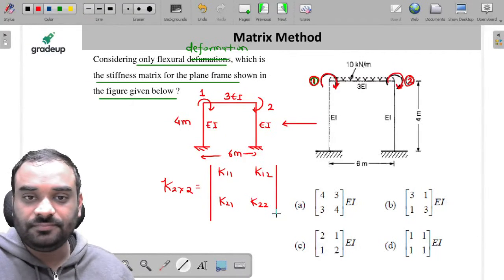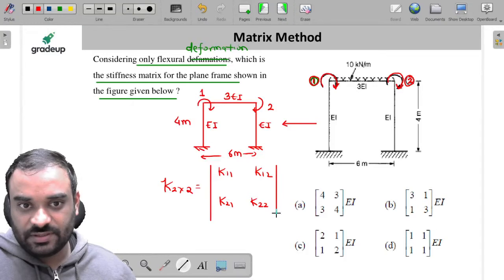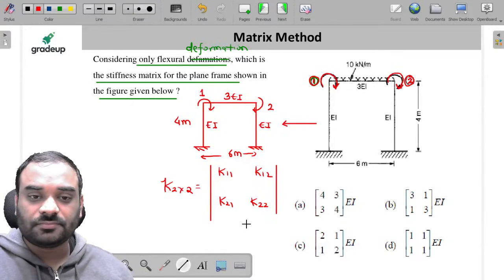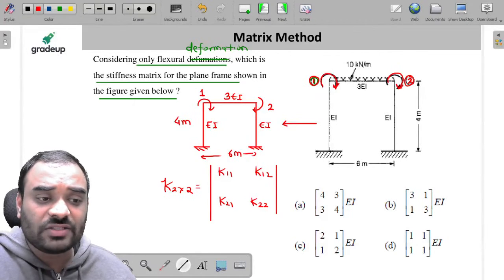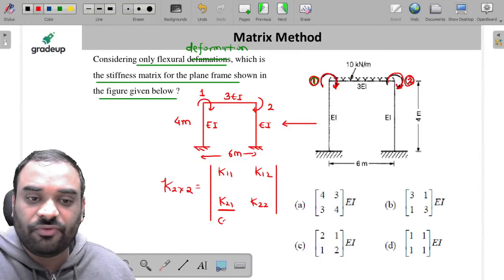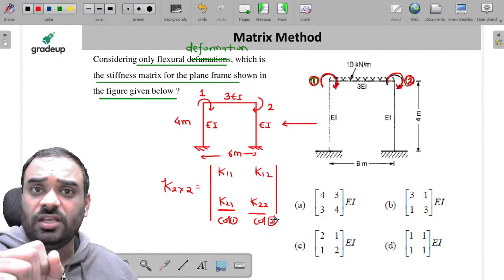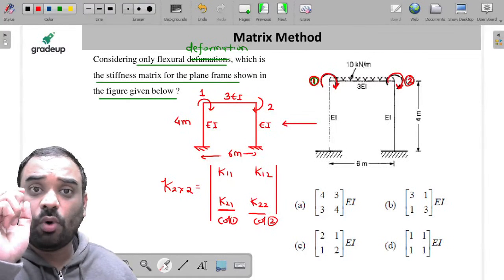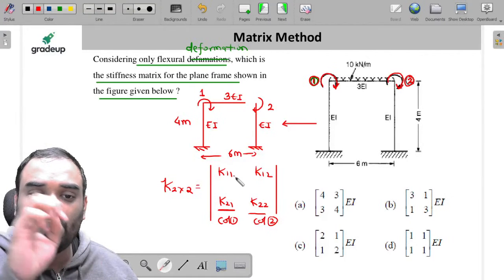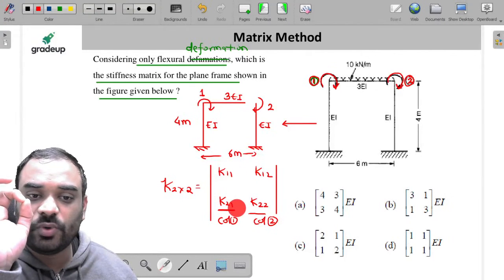Okay, sir. Now, my dear friends, what we have to do over here? Listen carefully. To develop the first column, these are the column 1 elements, and these are the column 2 elements. To find the column 1 elements, what we have to do? You can see here, in these 2 elements, which term is common? It is 1.